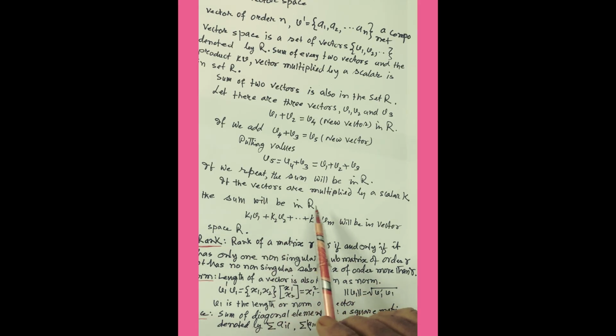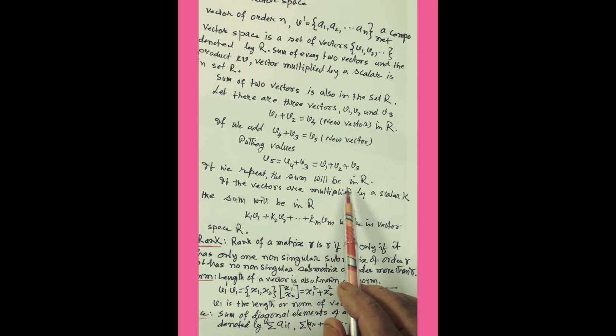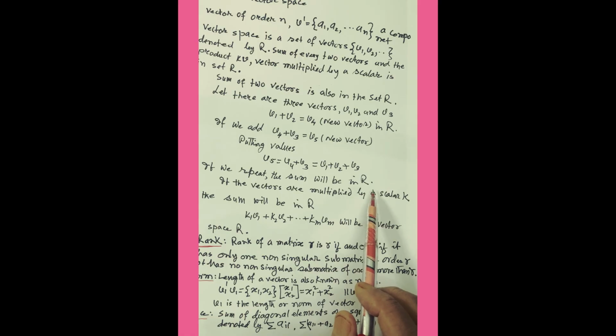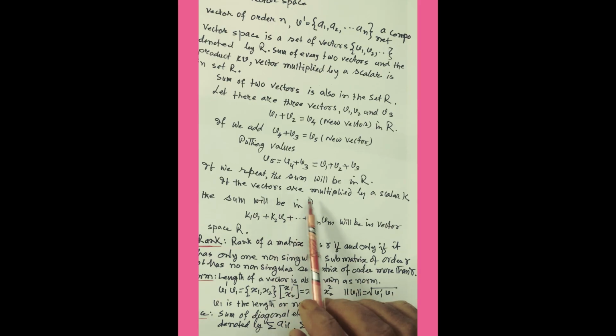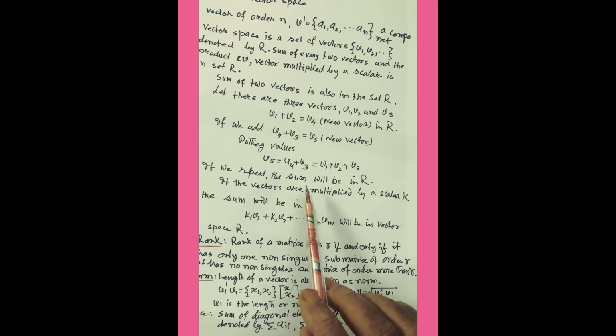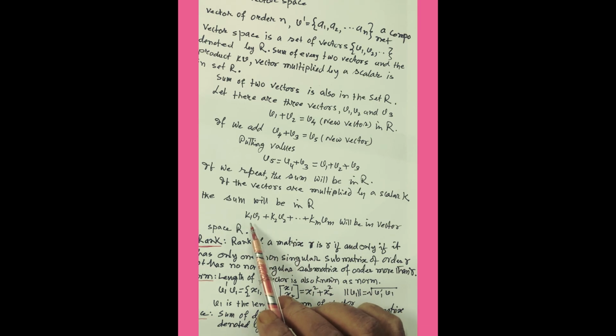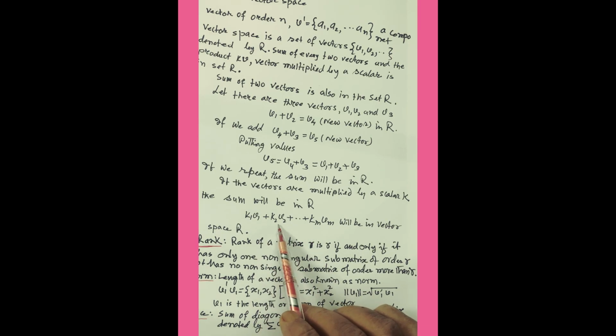If we repeat, the sum will be in the space R. If the vectors are multiplied by a scalar K, the sum will be in R. Suppose the vectors are multiplied by scalar quantities, so K1 P1 plus K2 P2 plus Km Pm will be in the vector space R.